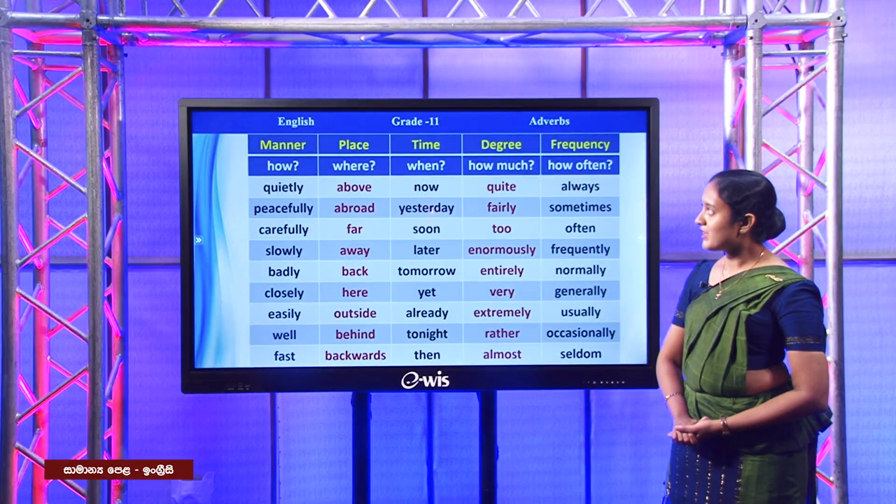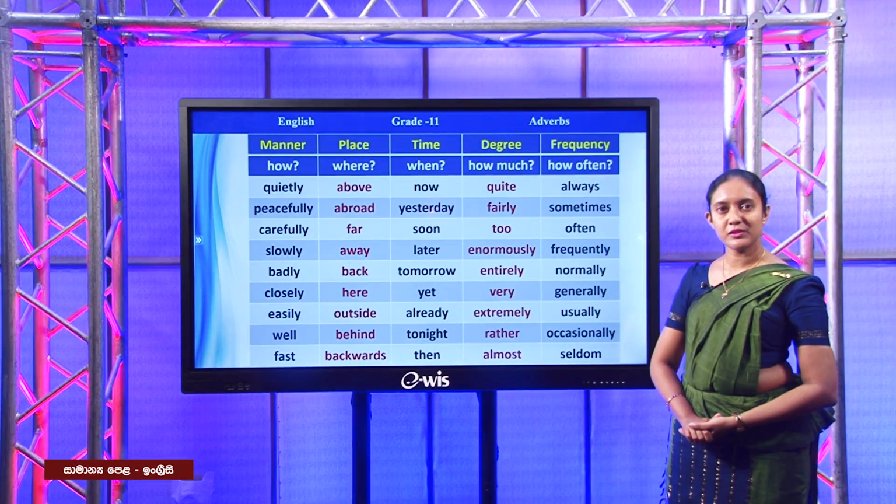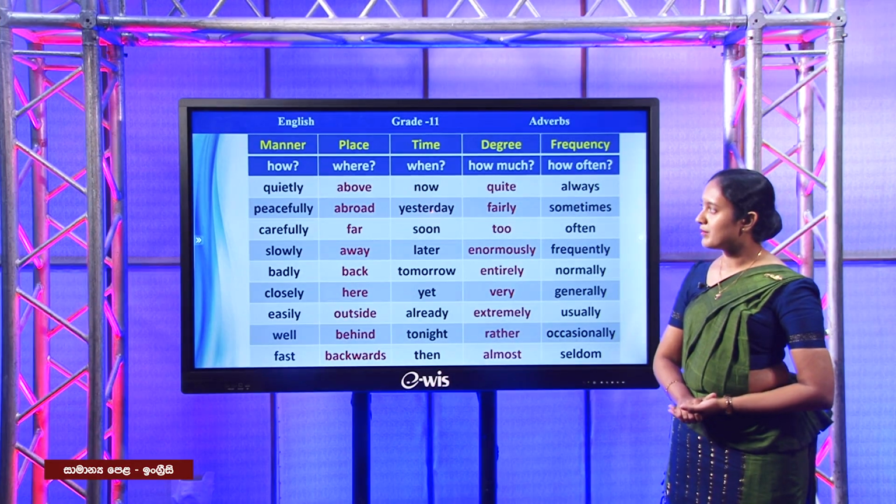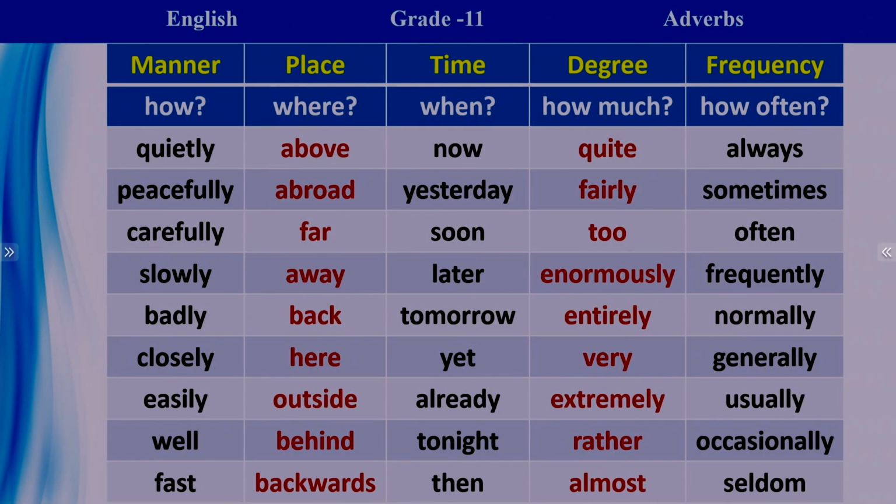And the next column shows you some adverbs of place. So, adverbs of place indicate where something happens. These are some of the examples. Above, abroad, far, away, back, here, outside, behind, backwards.